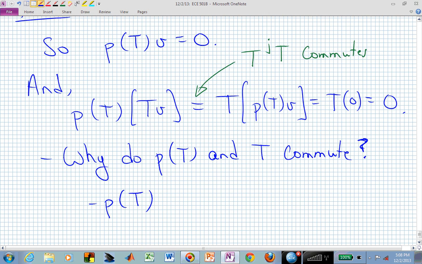And those powers of T commute with T itself. So P of T is just a linear combination of powers of T.